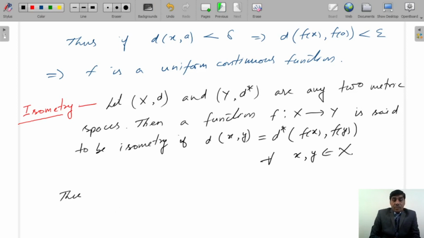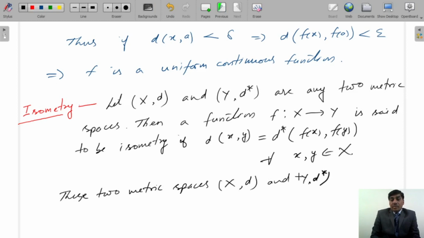These two metric spaces (X, d) and (Y, d star) are called isometric spaces.